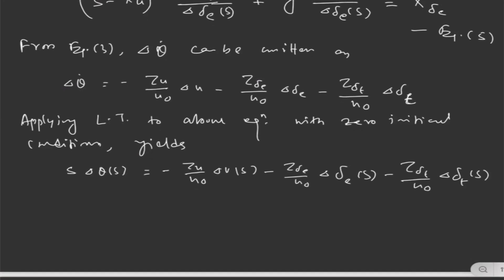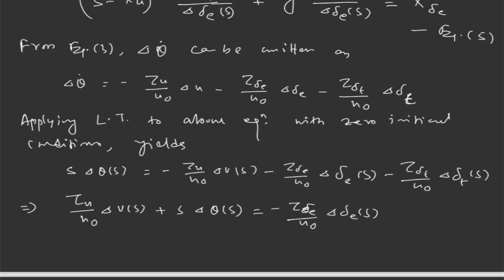And from this we can further write Z_U over U naught delta U(S) plus S delta theta(S) equal to minus Z_delta_E over U naught delta_E(S) minus Z_delta_T over U naught delta_T(S).